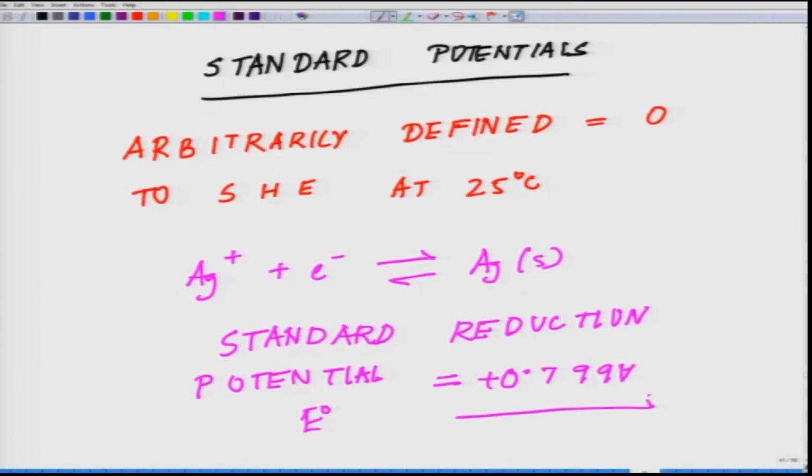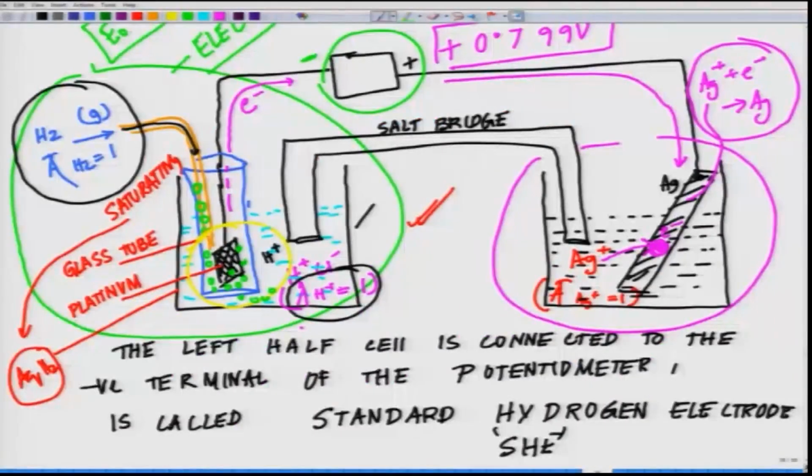Okay, and the positive tells us that the electron flows from left to right through the meter. So the electron is flowing from left, this is your left and this is your right, and electron flow is happening like this. That is what gives you a positive value out here.